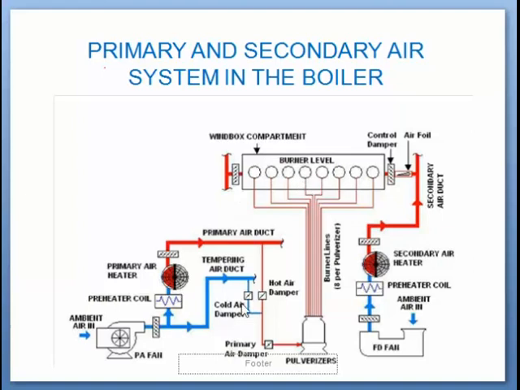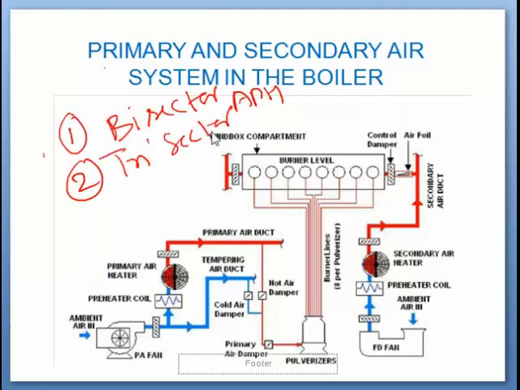Here you can see that two different types of air preheaters are used. One is dedicated for heating of primary air, and the second is dedicated for secondary air heating. Basically there are two types of air preheaters which we use in a thermal power plant, that is, one is bisector and one is trisector type of air preheater.